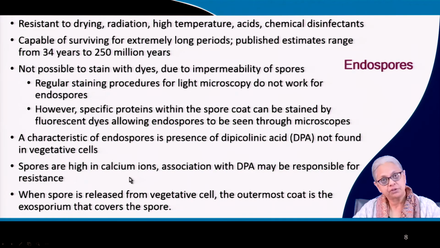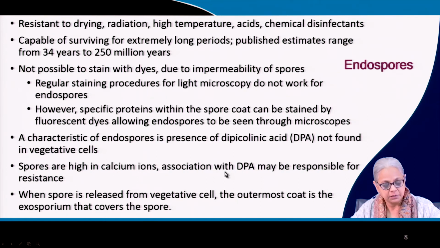These spores have very high calcium concentrations in combination with dipicolinic acid. This dipicolinic acid is produced by the vegetative cells to create these endospores. So it's present only in the endospores, not in the vegetative cell.